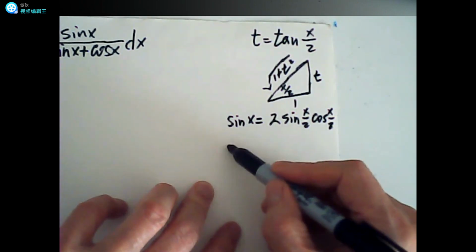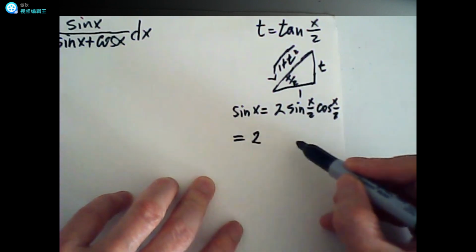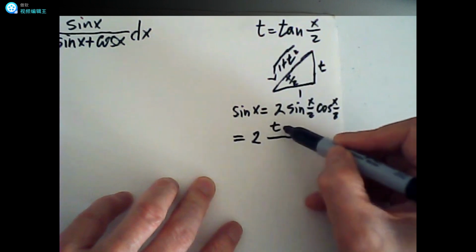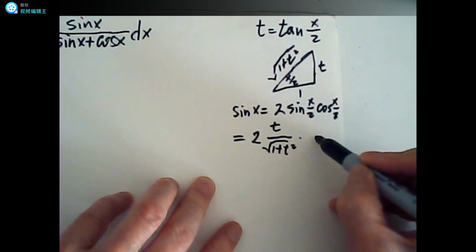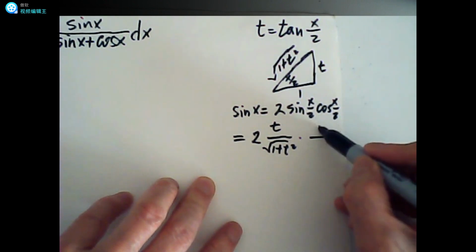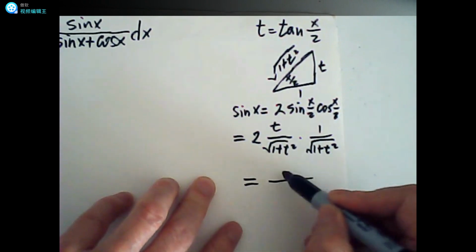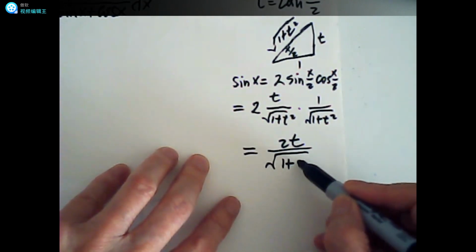Well, I have to write it small because there's not enough space. Sine x is equal to what? Sine half x is t over 1 plus t squared, and the cosine half x is 1 over this. So this is equal to 2t over 1 plus t squared.